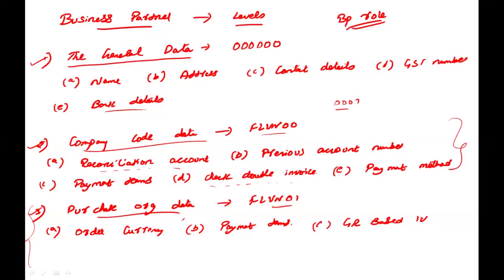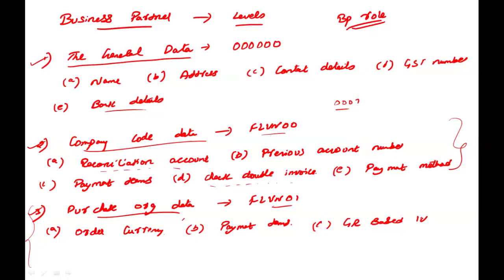This GR-based invoice verification is going to decide when are we going to pay the vendor. For example, think that it is also going to decide, are you going to pay the vendor after the goods is received? And are we going to pay the vendor before we receive the goods?